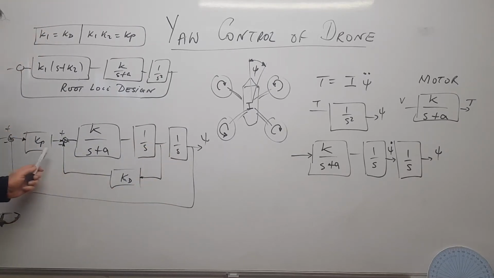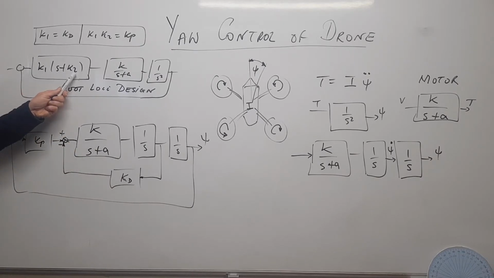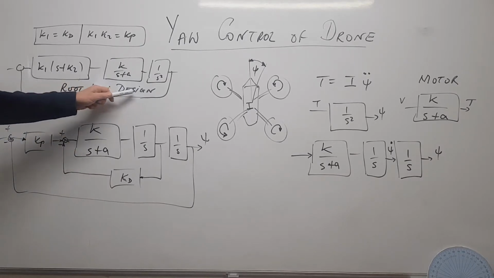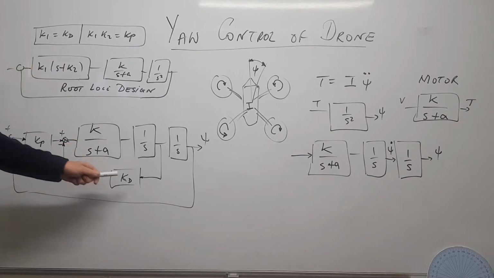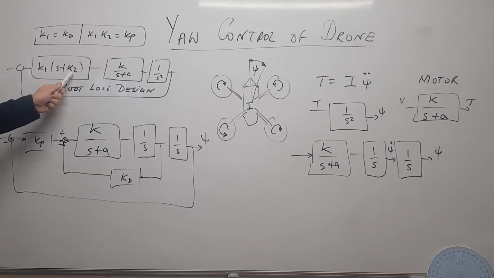But this doesn't lend itself very well to root loci design, so we repose this problem in our standard form, K1 (s plus K2). We can then use root loci design methods to get K1 and K2, and then we can go from this design back to this one, knowing simply that K1 is KD and K1 times K2 is KP.